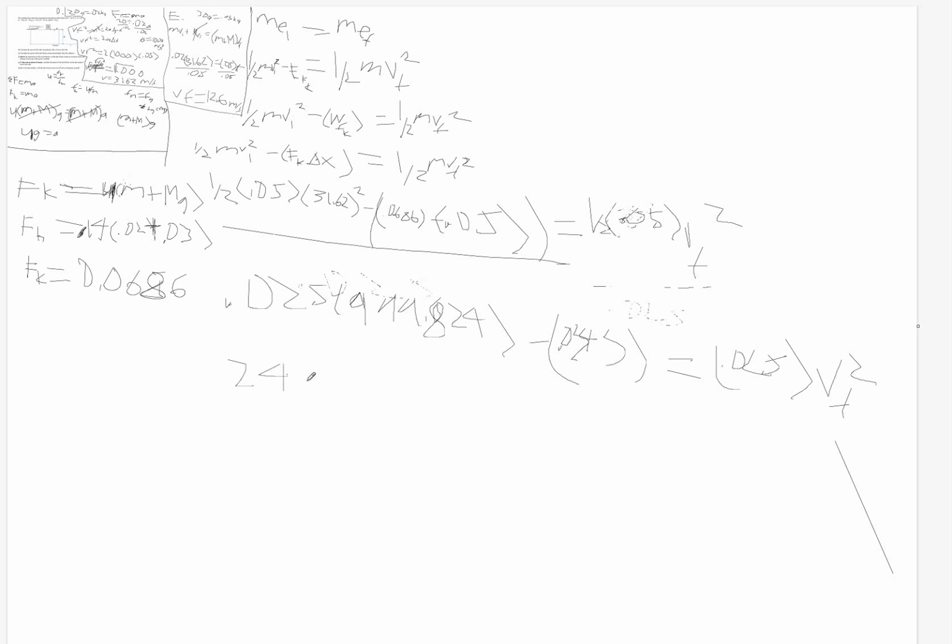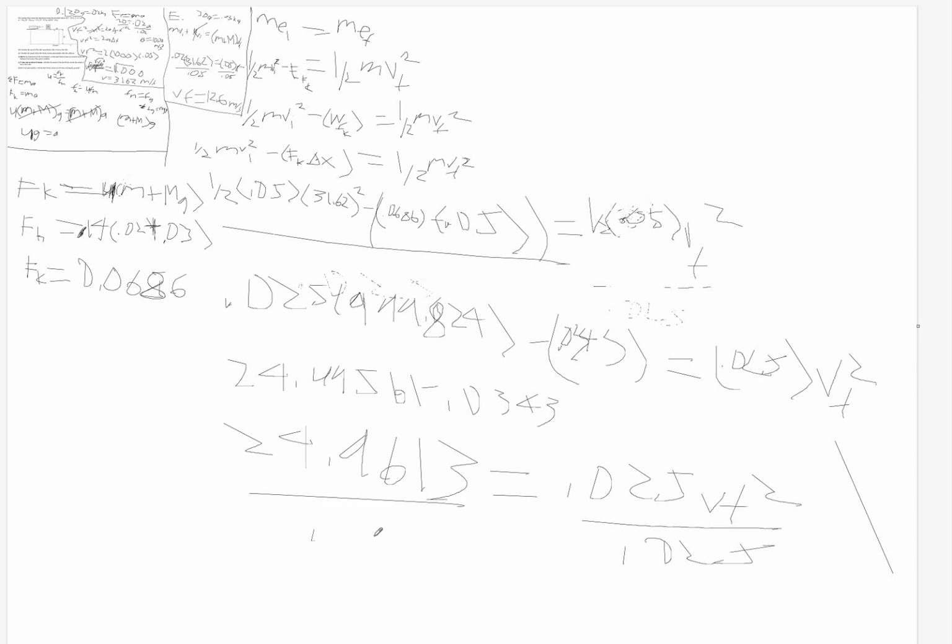So 24.99561 minus 0.0343, which we get as 24.9613. 24.9613 is equal to 0.025 vf squared. Divide by the 0.025.